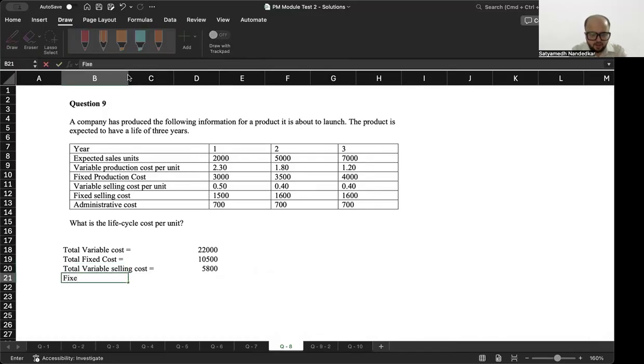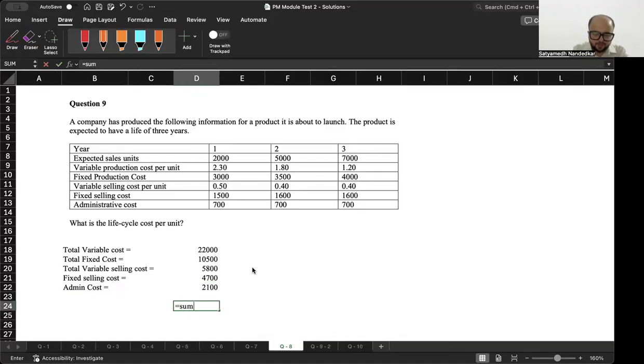Then fixed selling cost. Fixed selling cost is 1500 plus 1600 plus 1600. And admin cost: 700 plus 700 plus 700, 2100.